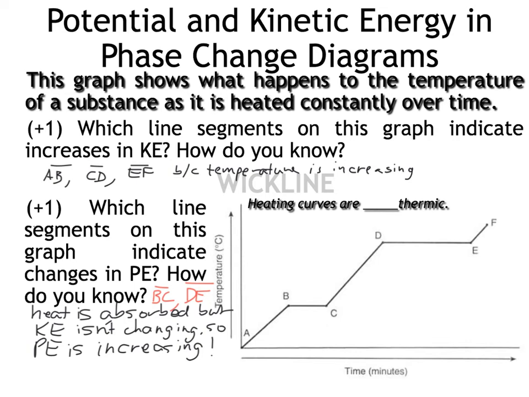So down here we have solids, and here we have solids that are spacing out and turning into liquids. So here we have liquids, but up here we have liquids that are spacing out and turning into gases, and then finally we have gases up here. Heating curves are always endothermic because at all points during this process, heat is being absorbed.